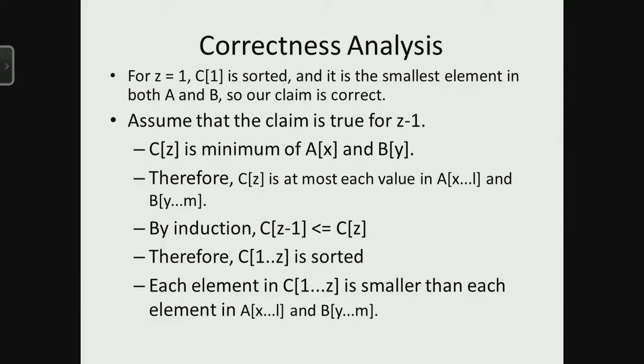Consequently, it follows that C of 1 to z is in the sorted order, given that C of 1 to z minus 1 was in the sorted order by the induction hypothesis. This proves the induction step, and therefore we have proved that merge indeed does succeed: after L plus m iterations, the whole array C is in the sorted order, and therefore the merge algorithm indeed succeeds.